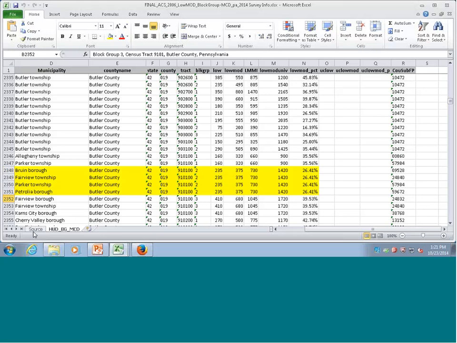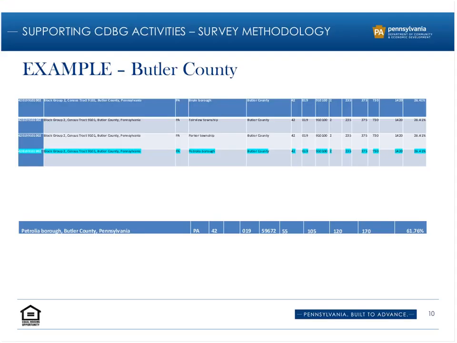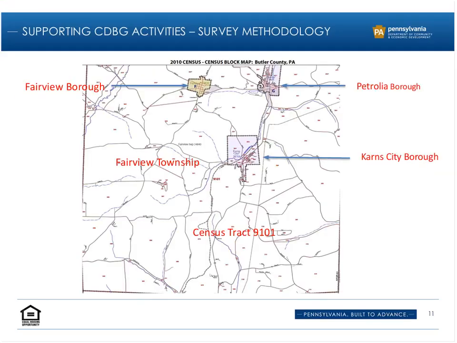John, could you show the map? It was on the PowerPoint. It's the next slide on the PowerPoint. So when you look at this map, you can see Fairview Township has been identified, and it's rather large. And then up in the upper right-hand corner is Petrolia Borough. And as I stated, HUD has not allowed for these split block groups.